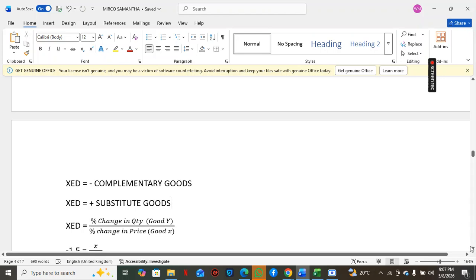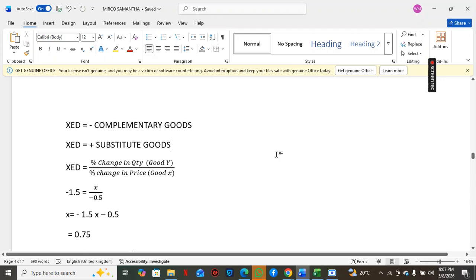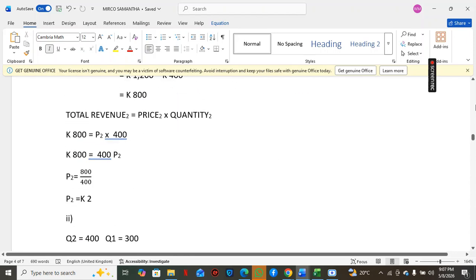So here's the formula for cross price elasticity of demand. Always percent change in quantity on top: percent change in quantity of good Y over percent change in price of good X. So here in this question, they told us this.